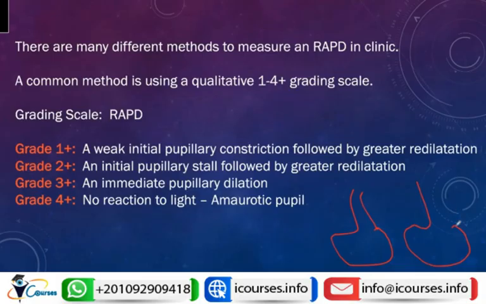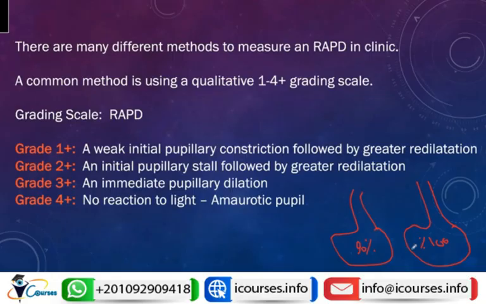Or this is the left and this is the right, it doesn't make any difference. Let's say, for example, that this eye has an afferent pathway strength of 100%, and the other eye is 90%. So let's say that there is a very minimal inflammation, or a very minimal retinal lesion that will affect the visual fibers or the optic nerve fibers.